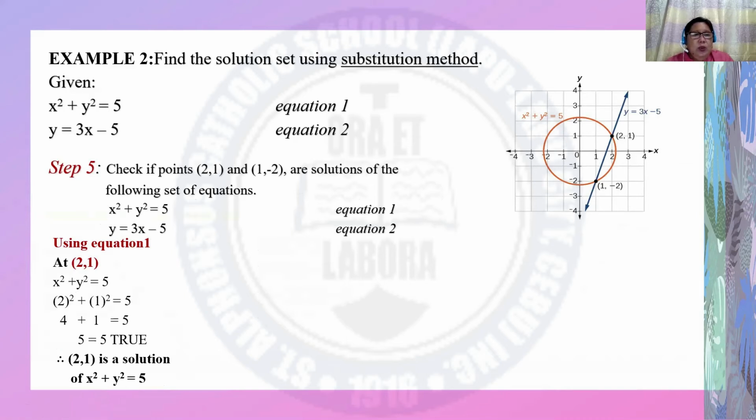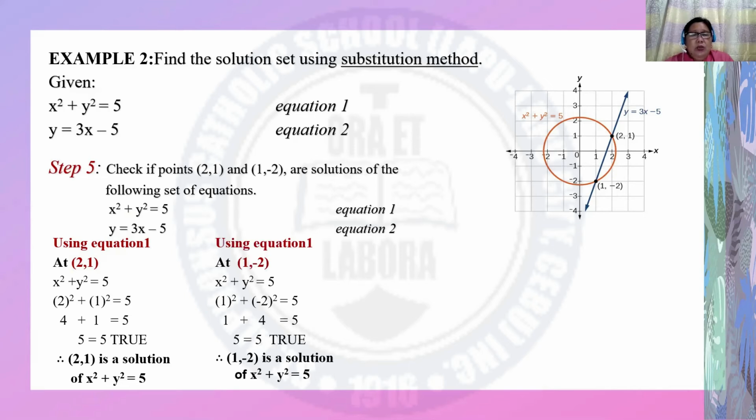So we have 2 squared plus 1 squared equals 5. 2 squared is 4, 1 squared is 1, equals 5. 5 equals 5. So we have a true equation. Therefore, the point with coordinates (2, 1) is a solution of the circle x squared plus y squared equals 5.